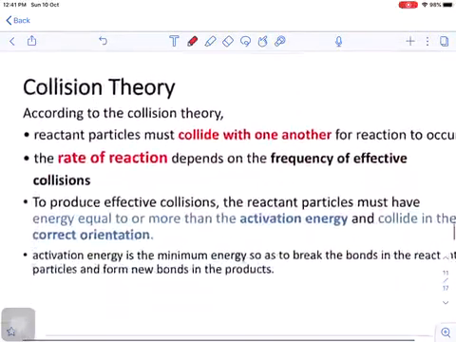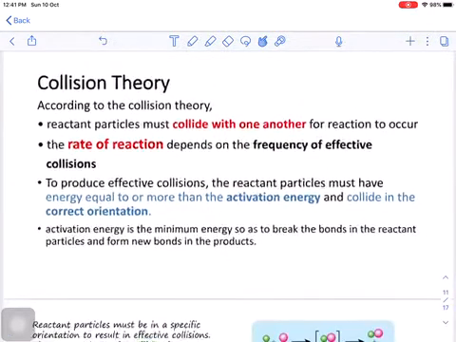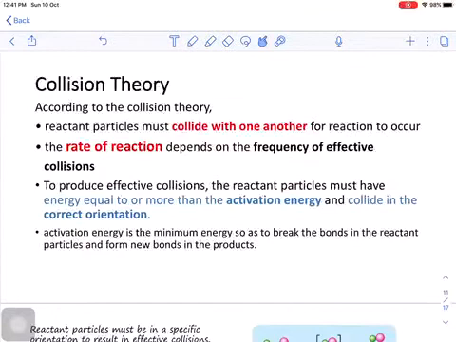Okay, next we go to collision theory. So I hope you have learned collision theory for the first factor, which is size of reactant. According to the collision theory, reactant particles must collide, dia mesti berlanggar with one another in order for the reaction to occur.